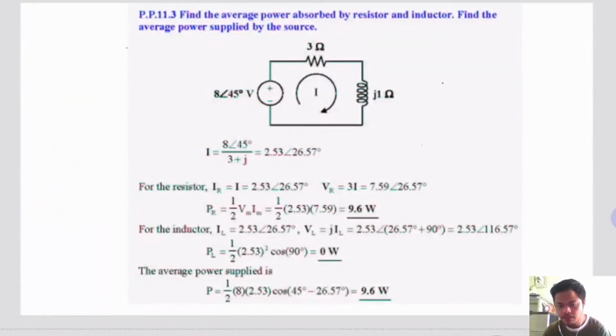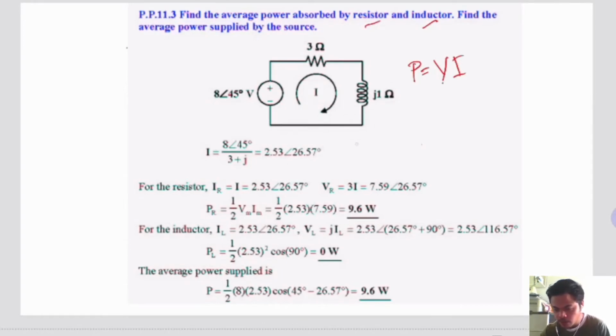Okay, so another example for average power: find the average power absorbed by the resistor and the inductor, and find also the average power supplied by the source. To find the average power, we have to compute first the voltage and the current of that element. Since this circuit is a series circuit, we need to compute first the current flowing through it.